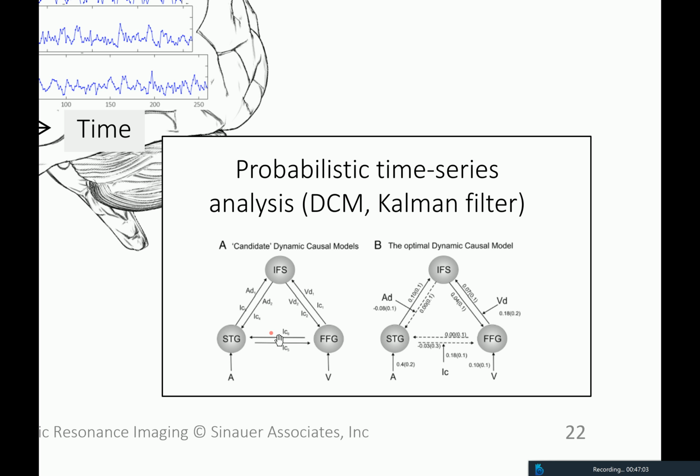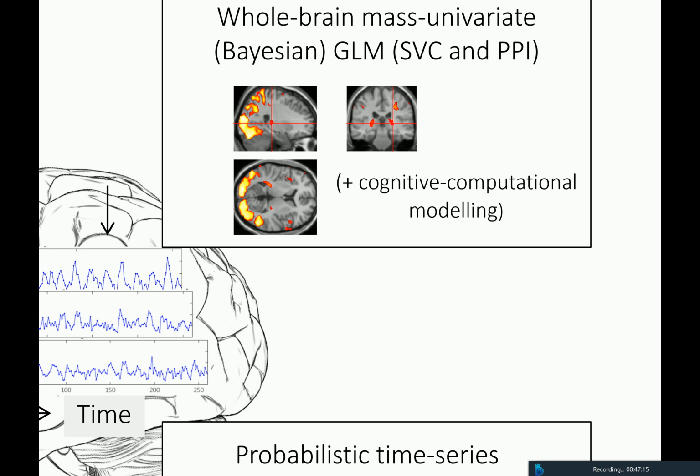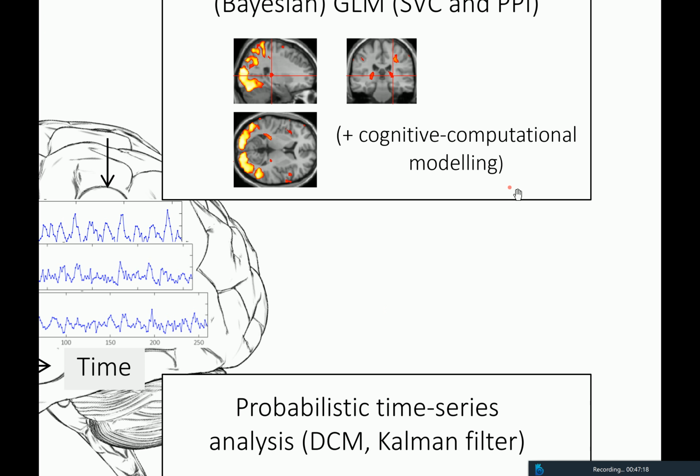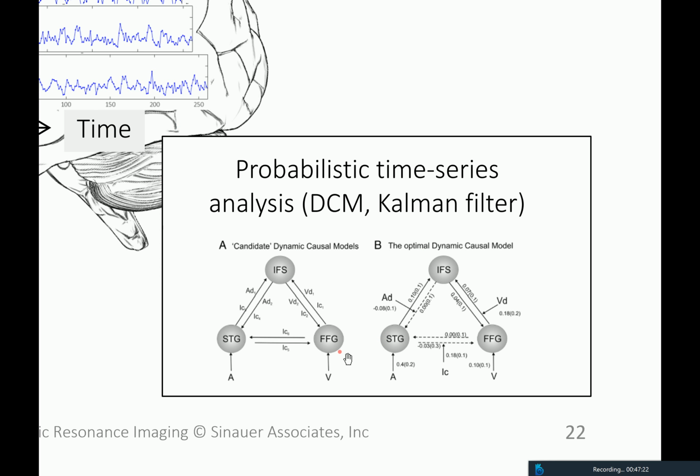You can do this with these, but then they don't solve any tasks or problems. What they do is model the signal. So really the future is the combination of this cognitive computational modeling with these biologically inspired time series models. So this is what I do want to do, have done, try my best.